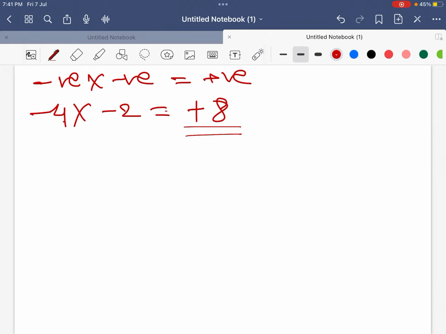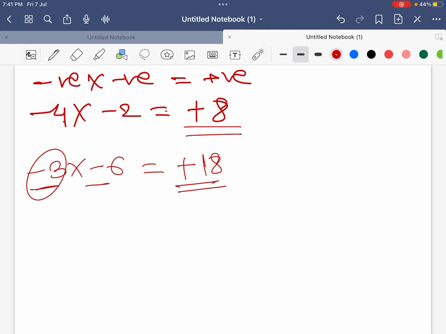Similarly, -3 multiplied by -6, so both the numbers are negative, so your answer is positive, so 6 3s are 18. So likewise we have to apply the formula. If both the terms are negative, then your answer is positive.